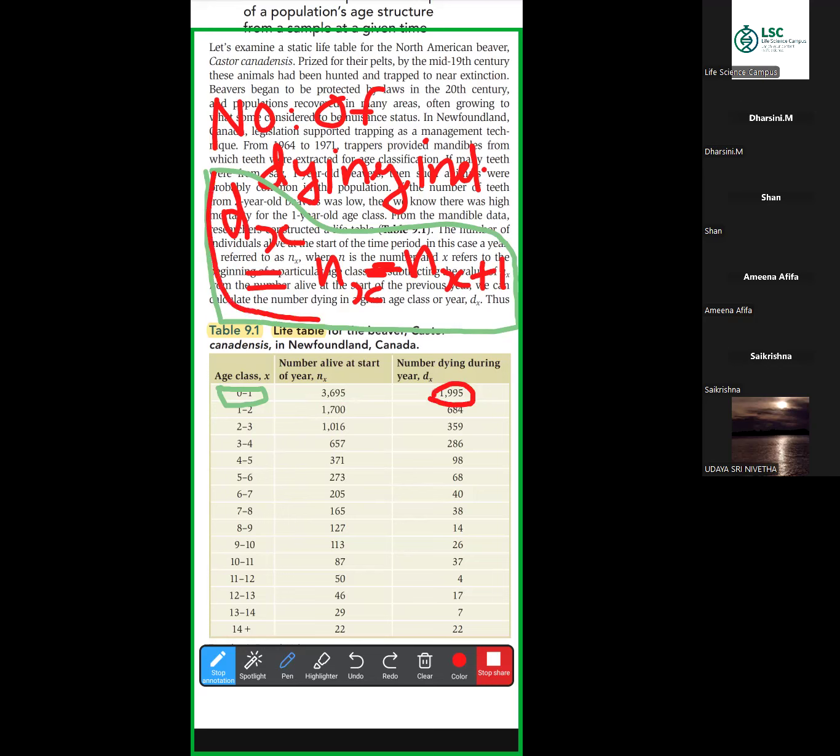This equation is used for finding out the number of dying individuals. If the number of dying individuals is not given, you can find it out by subtracting the number of individuals present in the succeeding age class from the number of individuals alive at the start of the population. Is it clear?